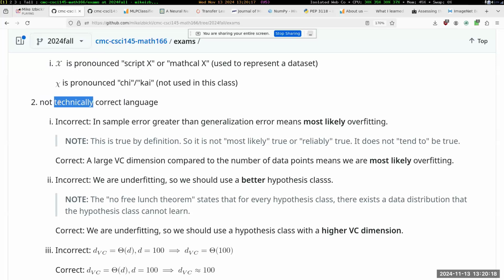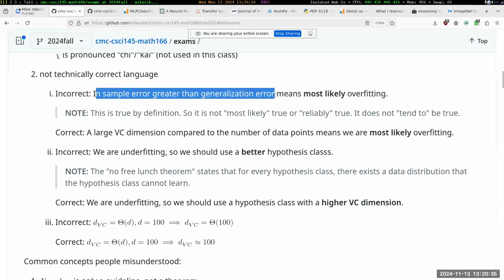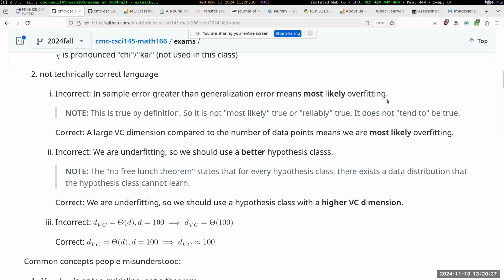Some not technically correct language that a lot of people use, that you really want to try to get out of your vocabulary and speaking habits. I have 3 examples here, with an incorrect and a correct usage for each. This incorrect example: the in-sample error greater than the generalization error means that you're most likely overfitting. This is the definition of overfitting, so it's not that you are most likely overfitting, it is that you are overfitting.